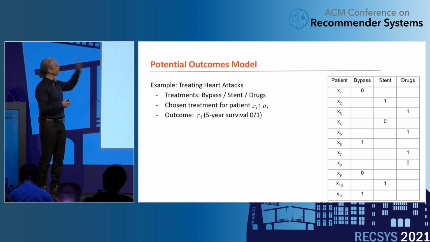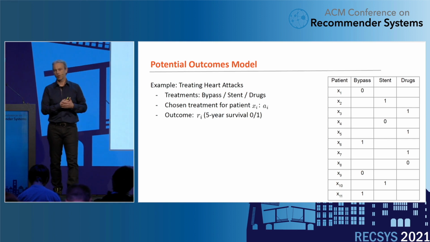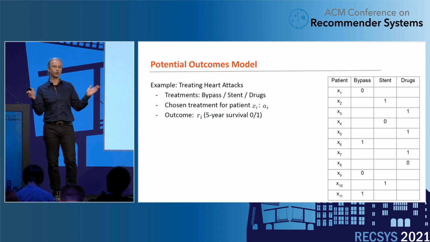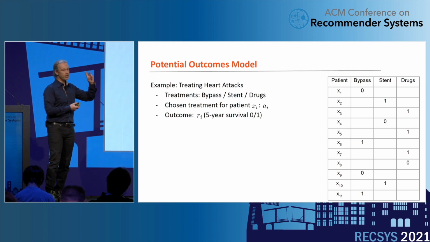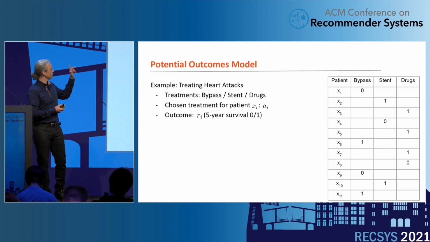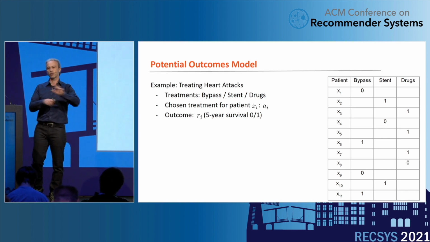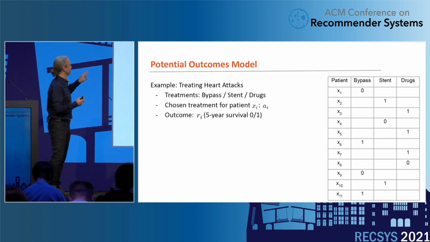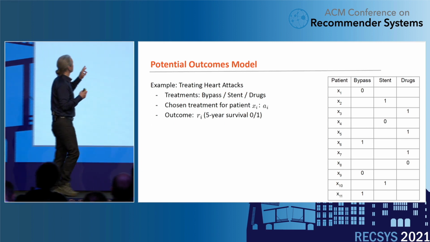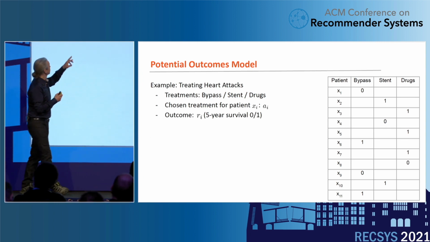And let's do it not for our domain, let's do it for a medical problem. Let's say our problem is that we want to have a policy for treating heart attacks. And so there are three different treatments. You can either do bypass surgery, you can put in a stent, or you can put in drugs. And I don't know anything about medicine, so don't take any of this with any realism. So we have three possible treatments, three possible actions that we can take.